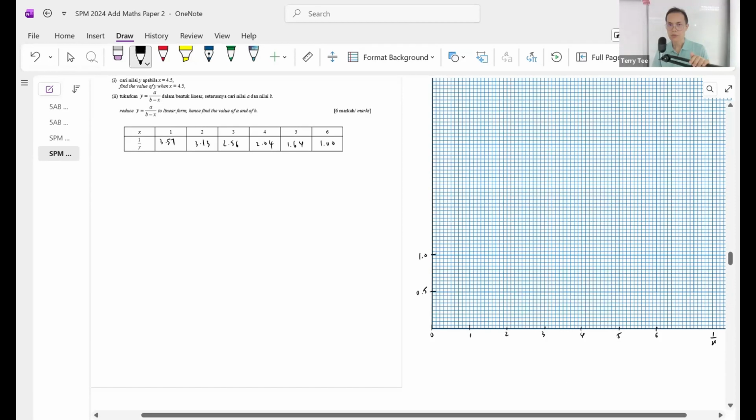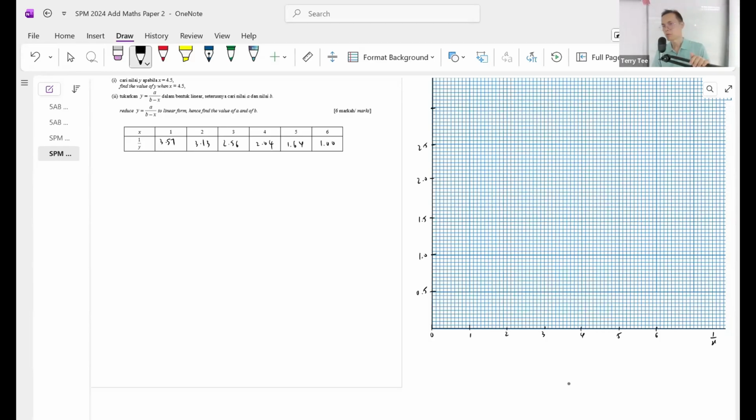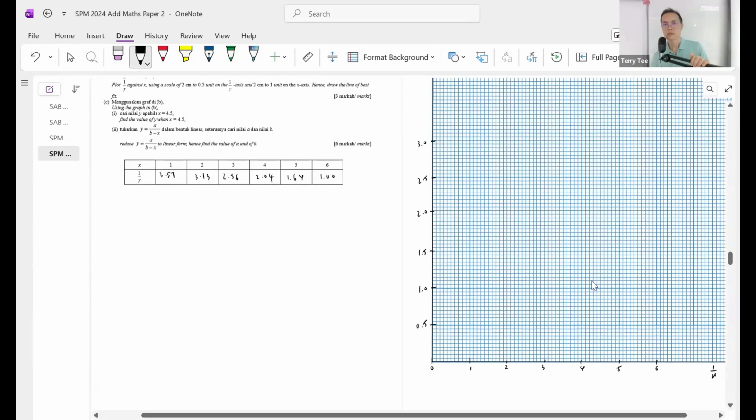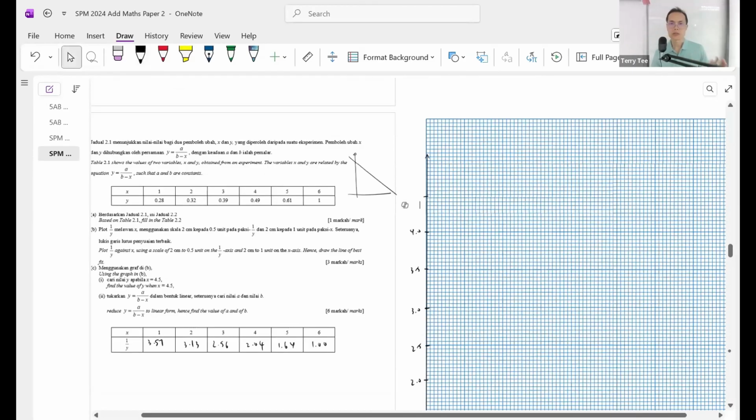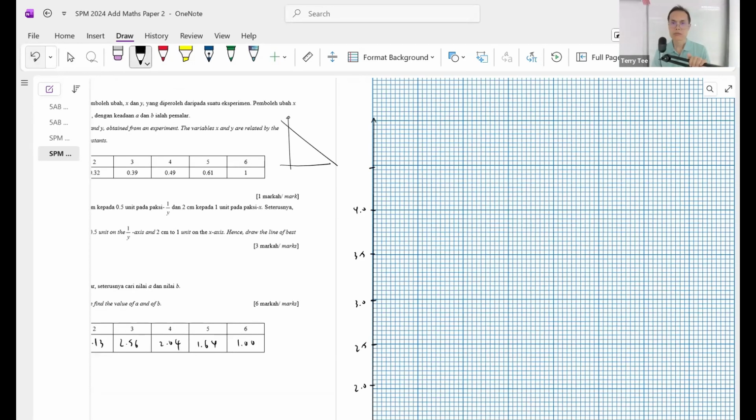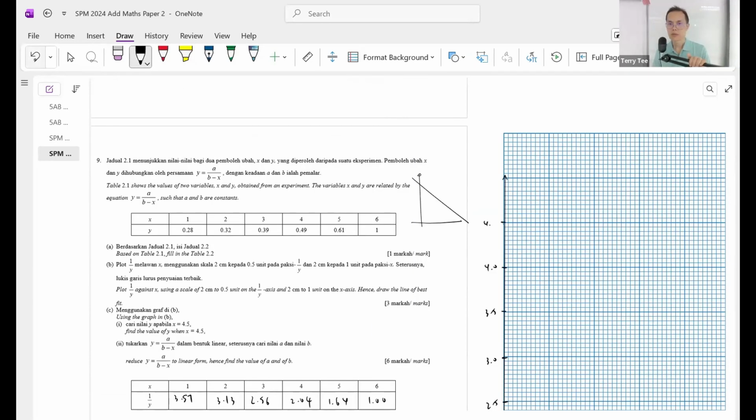This is 1.0, 1.5, 2.0, 2.5, 3.0, 3.5. We need to go beyond 3.5, I think beyond 4. This is 4. Maybe I do 4.5. Yeah, until 4.5. This part here is a bit off. This is 4.5. This is 1 over y.